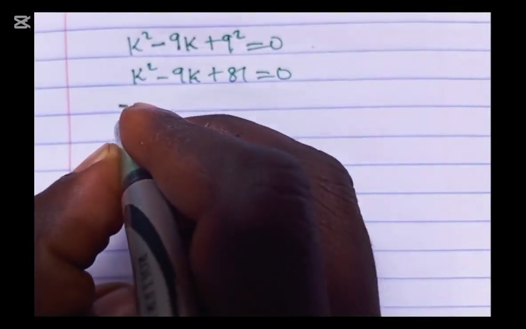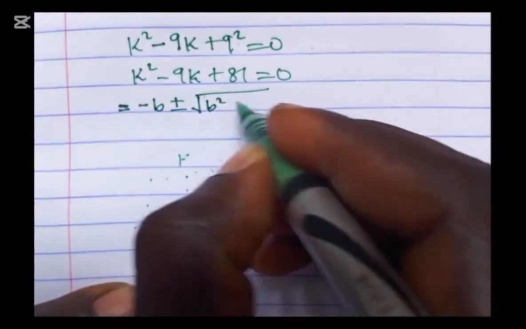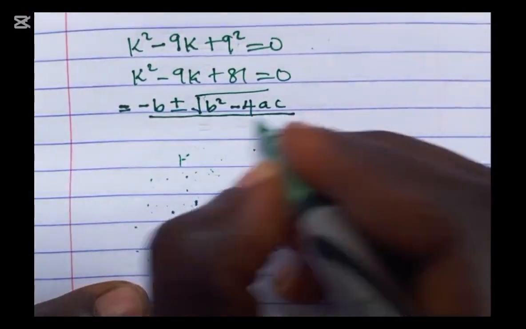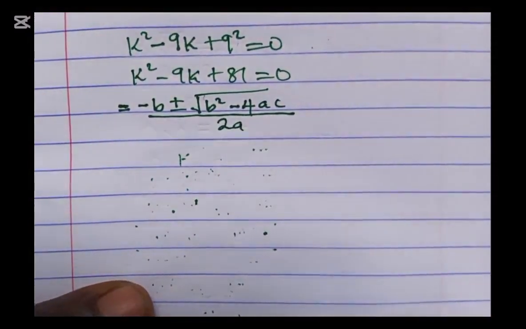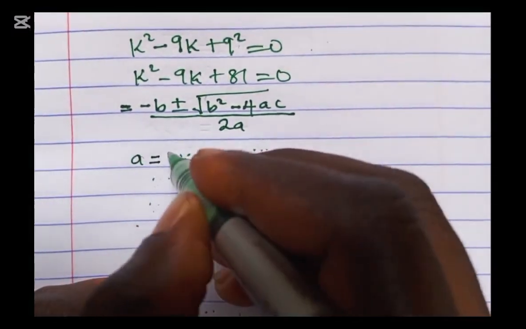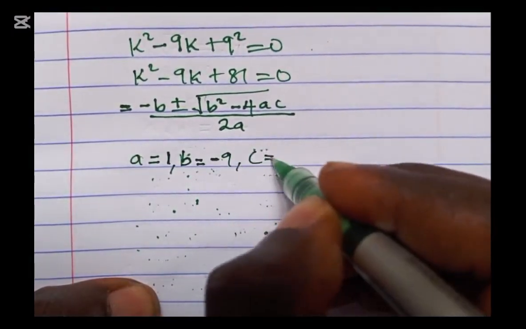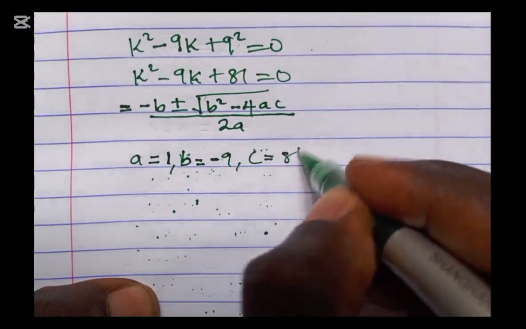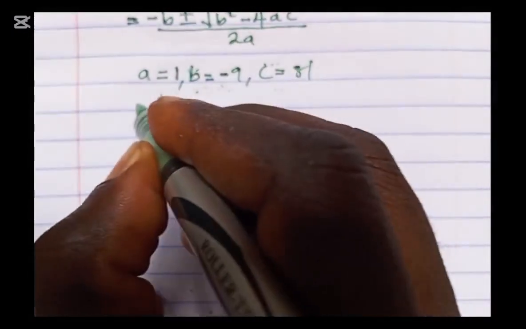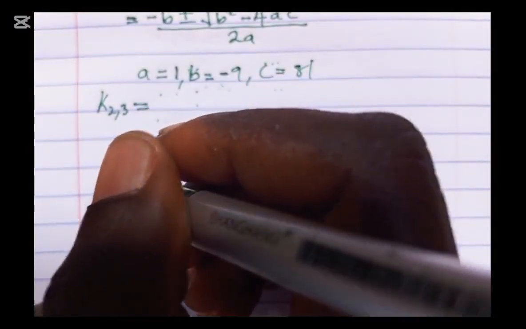Recall the formula method: we are going to have minus b plus or minus the square root of b squared minus 4ac, all divided by 2a. Then recall our a is 1. Our b equals minus 9. Then c equals 81. So from here, let's apply this now. We have found k1 to be 9.